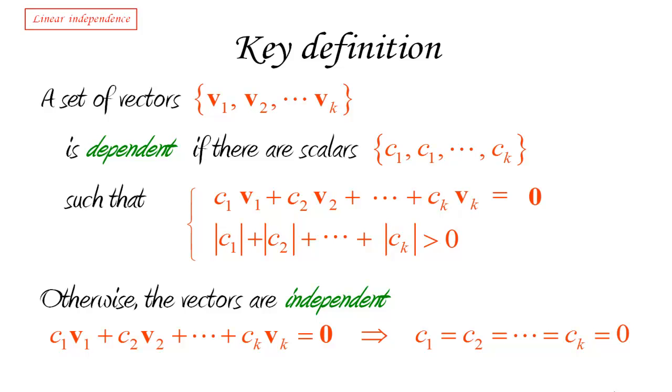So in other words, the only way to combine the set of vectors through a linear combination and obtain the 0 vector is by multiplying each and every one of those vectors by the scalar 0. You want to think about this definition and what it means, and as soon as you're done with that, I'm going to give you a little bit of a more geometrical interpretation of what we're doing.